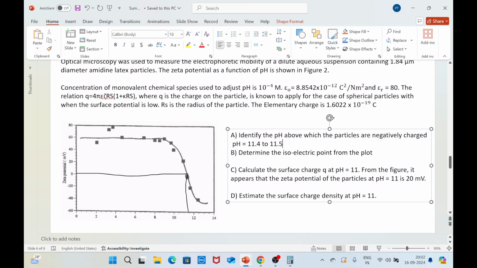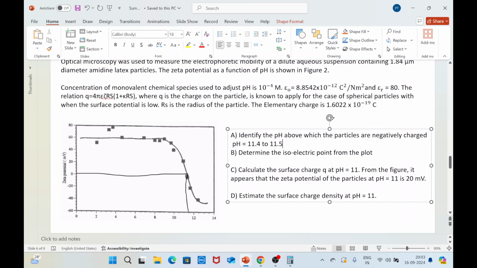Isoelectric point. So, isoelectric point is nothing but the point at which your zeta potential is going to have a value of 0.